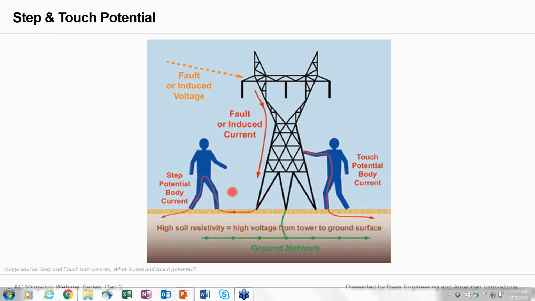Most often, lightning probably struck the goalpost somewhere, and the 10 folks that fell down were affected by this phenomenon on the left, the gradient potential rise, which causes that voltage potential to exist between the left foot and the right foot, and there's enough current that passes that you fall down.